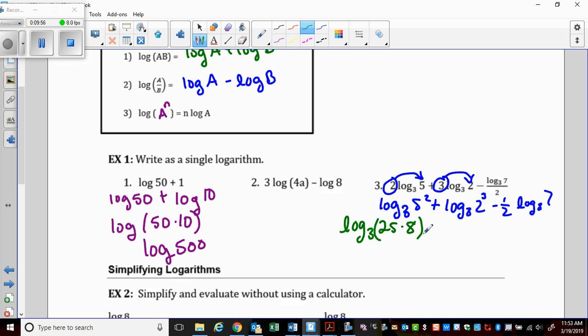And then minus, this 1/2 is going to become an exponent, and this is going to be log, same base 3 of 7 to the 1/2, which is the square root of 7, and 25 times 8 is 200. And then we have log base 3 of 200 minus means we're going to divide by this, which is square root of 7.